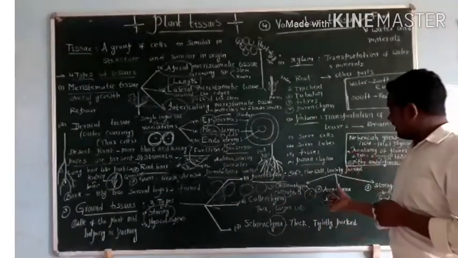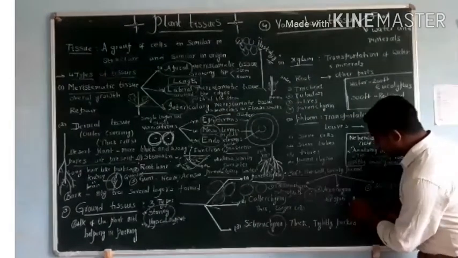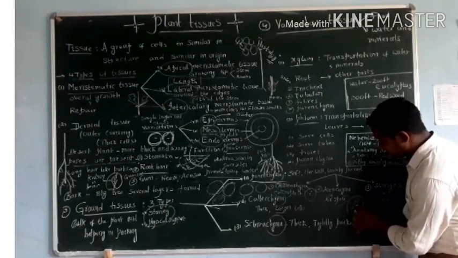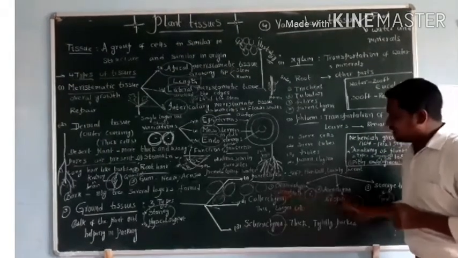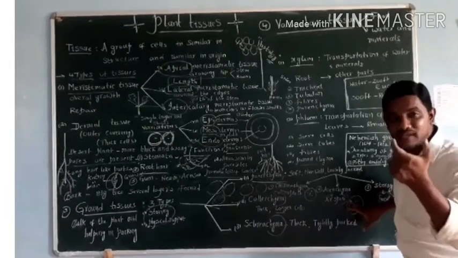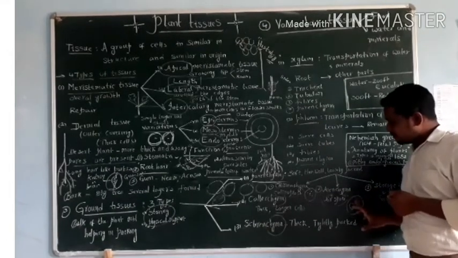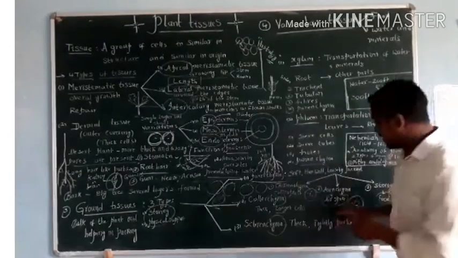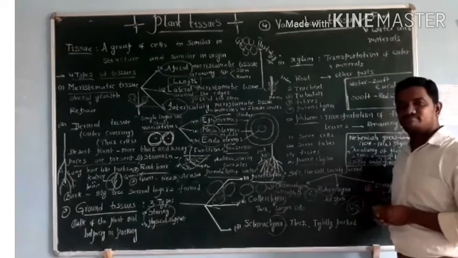Second one is aerenchyma. Aerenchyma means the cells contain air spaces, air chambers. The parenchyma cells contain air sacs or air spaces. Such cells or tissues are called aerenchyma. In the term, remember, aer means air spaces.